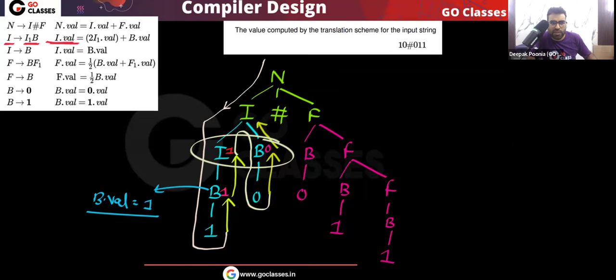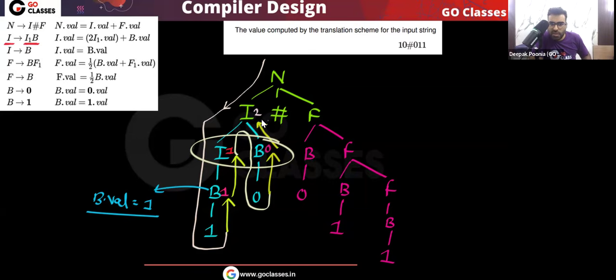So this I dot value will become 2 I1 dot value plus B dot value. I1 dot value is 1, so 2 multiplied by 1 is 2, plus B dot value, that is 0. So 2 plus 0 is 2. So this I dot value will become 2. We got value 2 here.